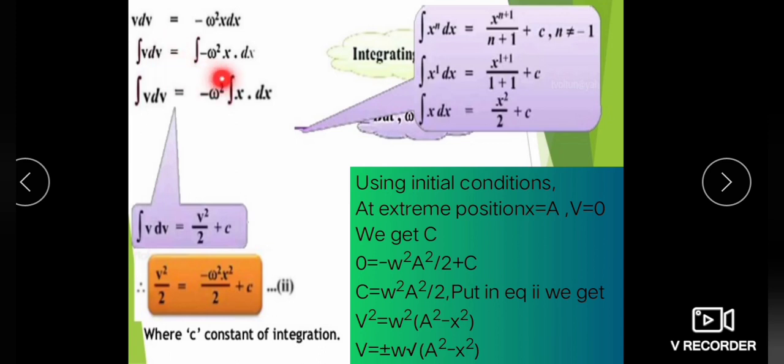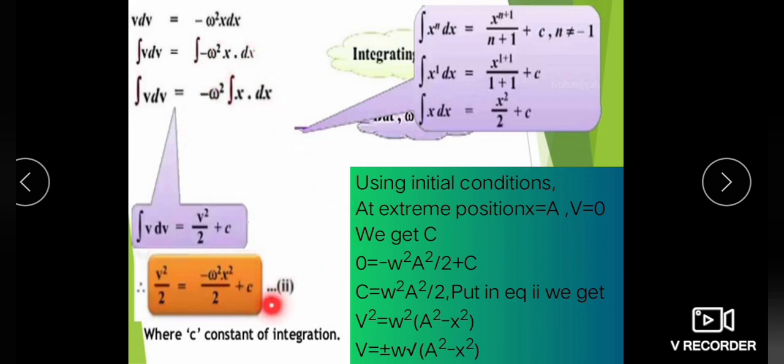Integration of v dv is equal to integration of minus omega square x dx. Using the standard identity, integration of x raised to n dx is equal to x raised to n plus 1 upon n plus 1 plus c, we get integration of v dv is equal to v square upon 2, and integration of x is x square upon 2.